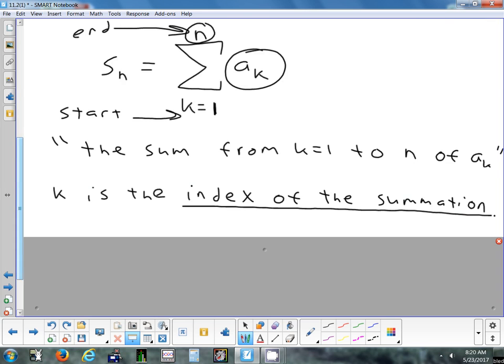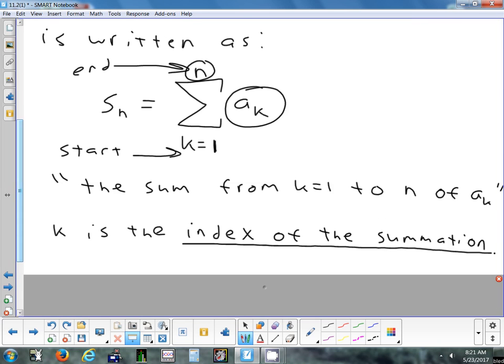Basically, it's the variable. You don't have to use the exact letters that I've used up here, but what you do have to do is make sure the letter that you use at the bottom is the same letter you use in your sequence. Those letters have to be the same.